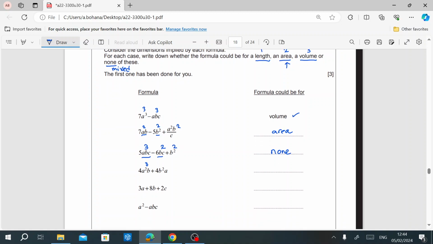That's 3. It's a squared plus another which is 3, squared plus another, which is 3. So that's going to be volume. Then the next one, that's got 1, 1, and 1, and 1 is length. And finally, that squared, that's got 3, that's mixed, so none.